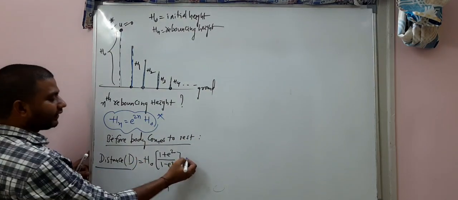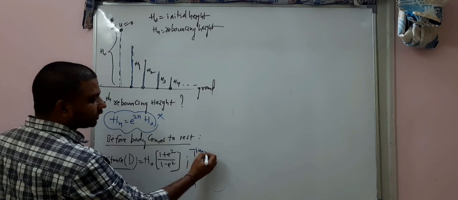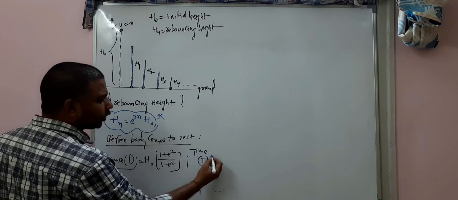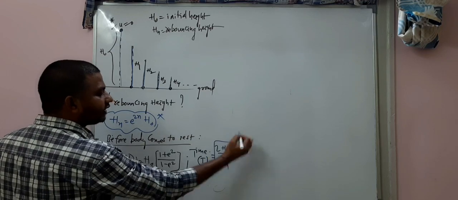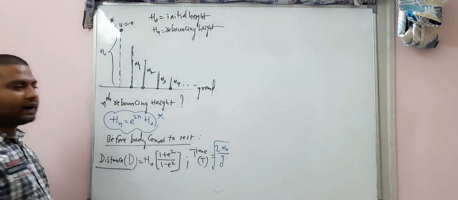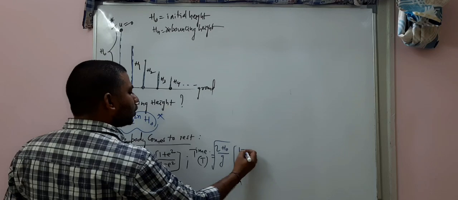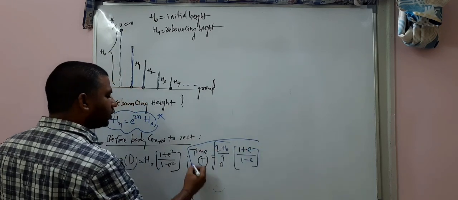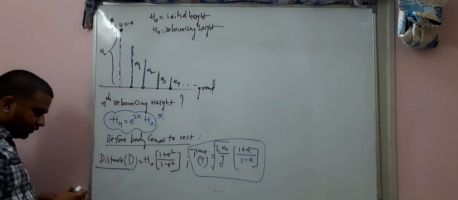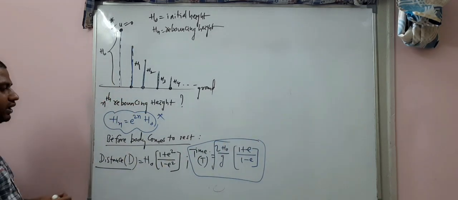In the same way, there is a total time taken by the body also before it comes to rest. That is square root of 2h by g into (1 plus e) by (1 minus e). Note, this is also important, my dear students. These two formulas are important.